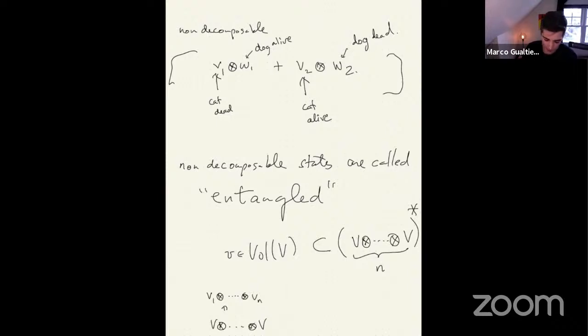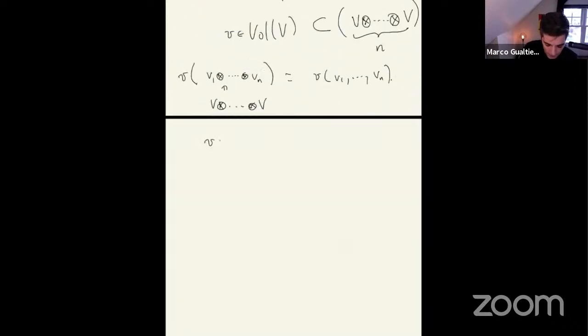Now if I have a volume, I can of course apply the volume to this decomposable tensor by just saying it's V of V1 up to Vn. And because the volume is multilinear, it determines a map from the tensor product to the field.